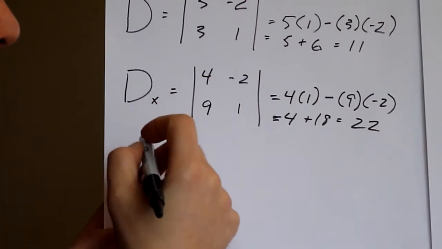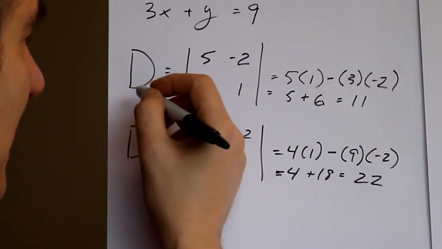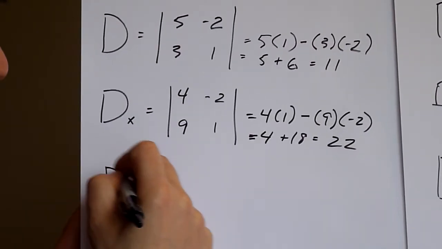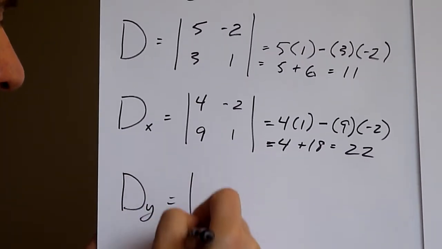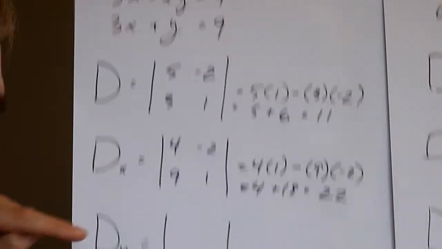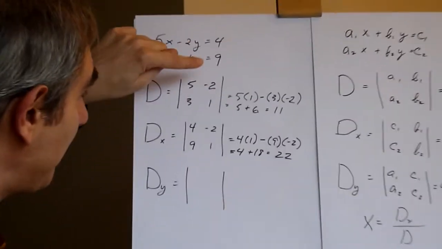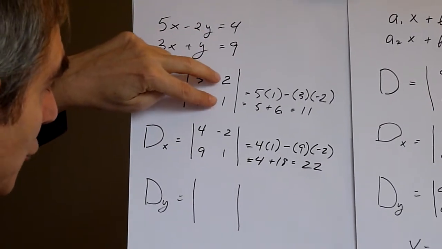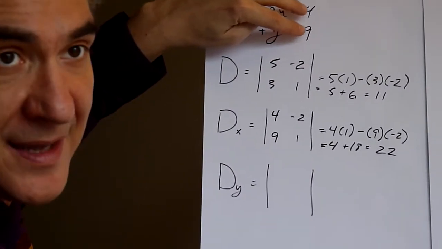Okay, so we have D, and we have D sub x. Now we need to find D sub y. Again, since we're dealing with the y's, we get rid of the y coefficients and replace them with the constants. So these two are gone, replaced by these two.